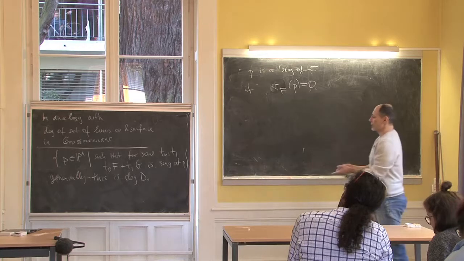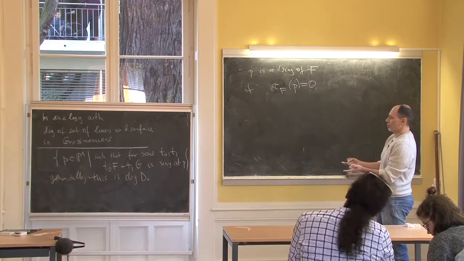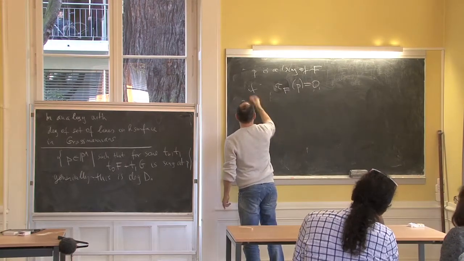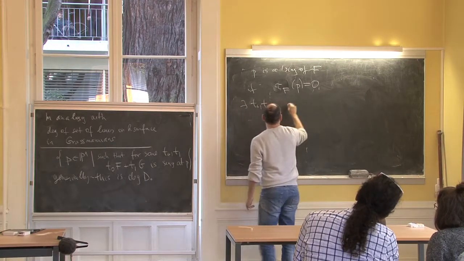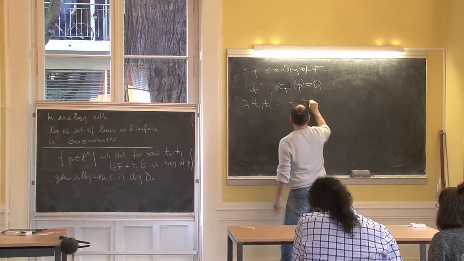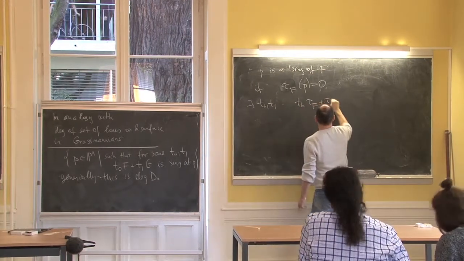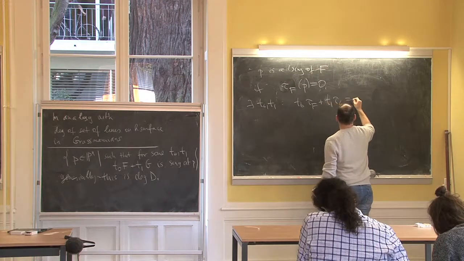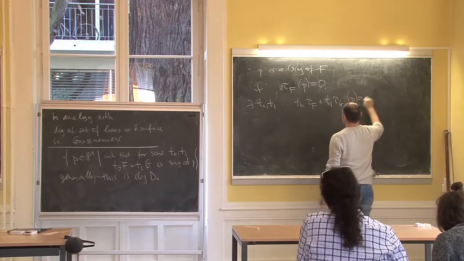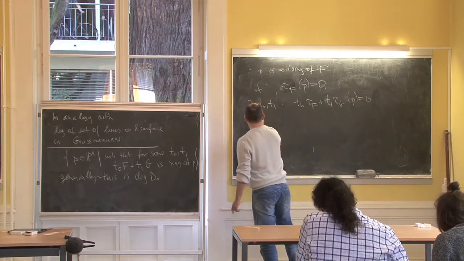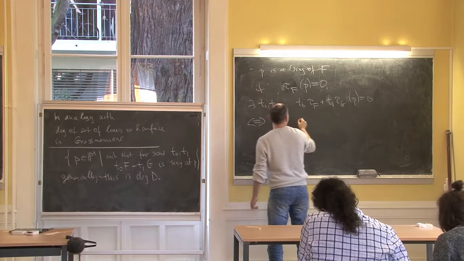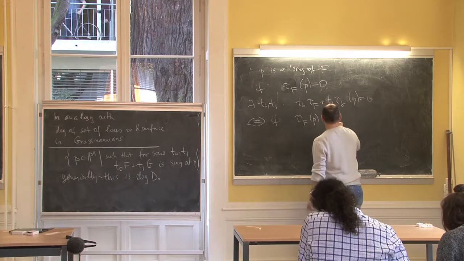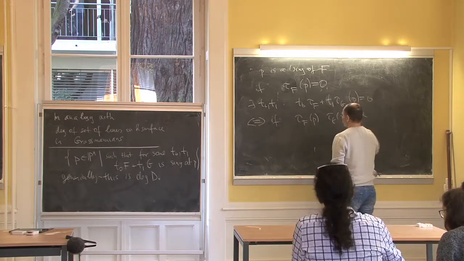It's just if T0 tau f plus T1 tau g is 0 at P. This is precisely true if tau f at P and tau g at P are linearly dependent, right? That's the same thing.